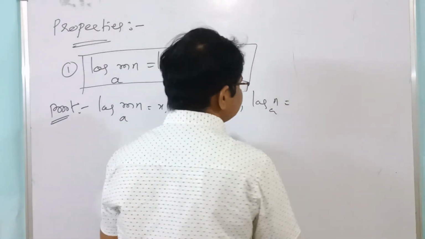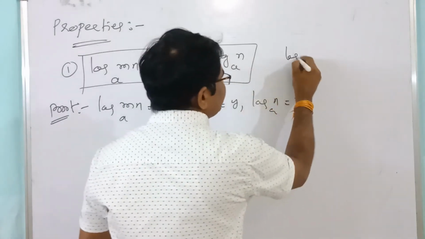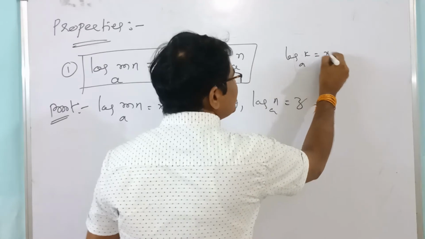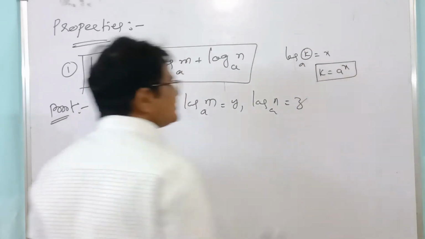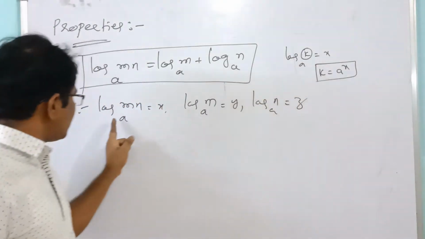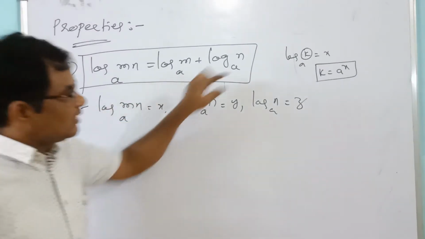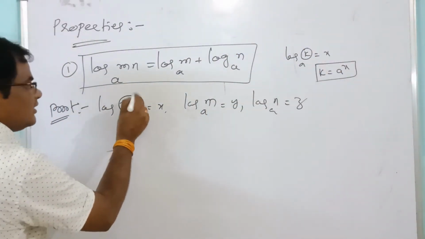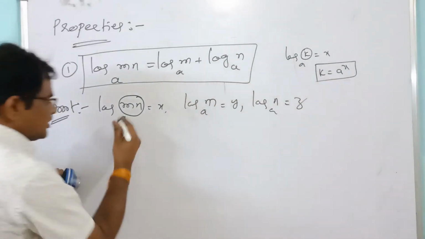Now from the definition of logarithm, log k to the base a equal to x means this k equal to, how to write? A power x, right? Now is it in the form of this condition? Log of k to the base a equal to x, right? Now this k can be written as a power x. Now in place of this k, what is there? M into n. Now by using that condition, what can we write?